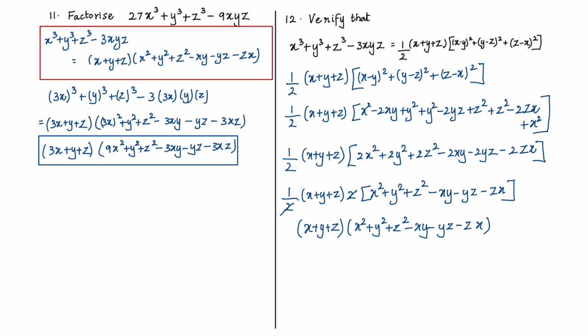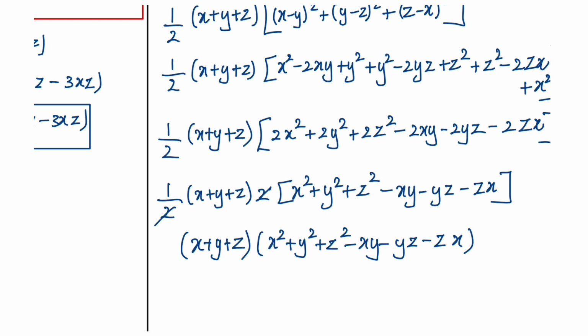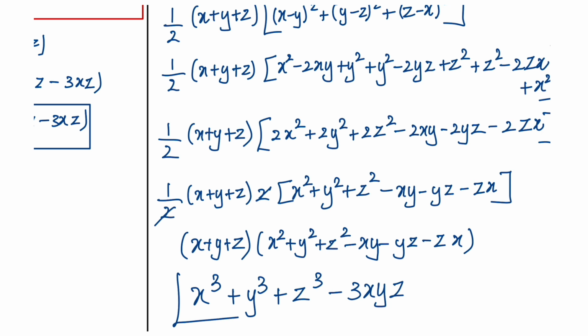If you compare the RHS, x plus y plus z into x square plus y square plus z square minus xy minus yz minus zx, that is the very same thing that we have here. So since we have this, you can write this in that form, which is x cube plus y cube plus z cube minus 3xyz.